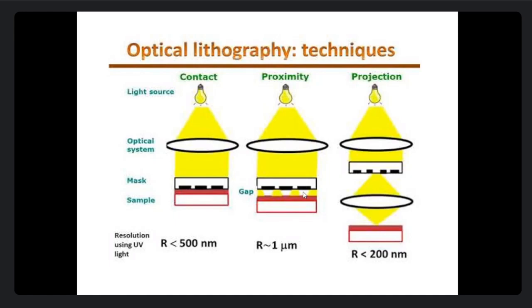Another point you have to add is that when you are aligning this mask with respect to the photoresist coated wafer, that alignment may also not be 100% perfect, though there are different types of sensors and other things to maintain it.